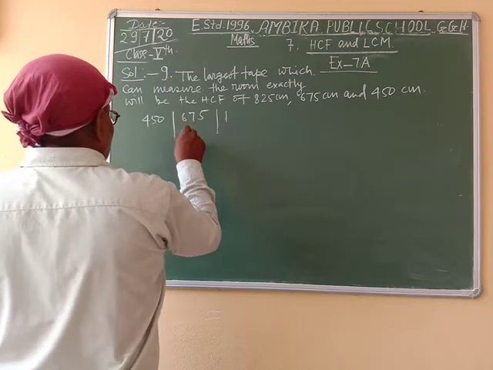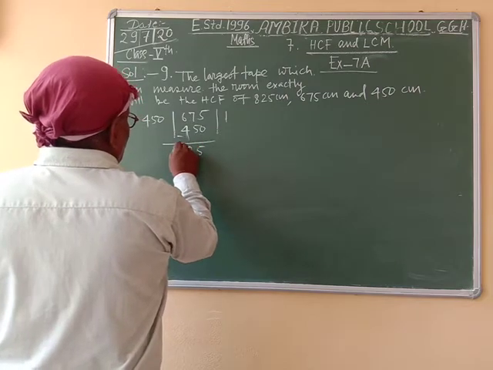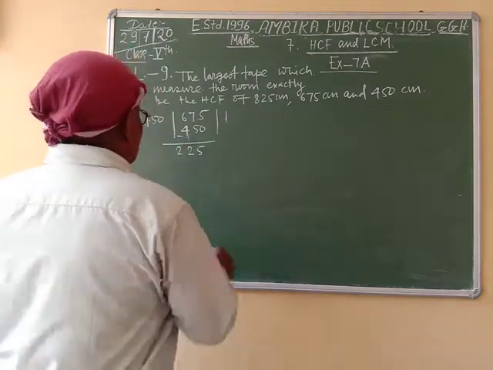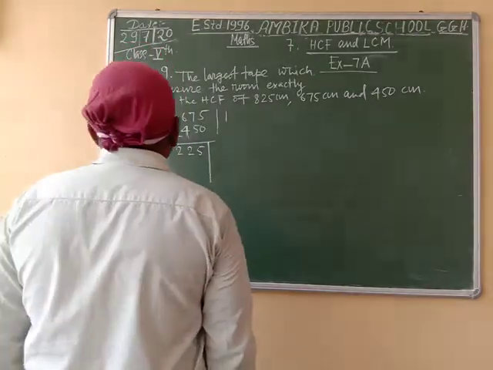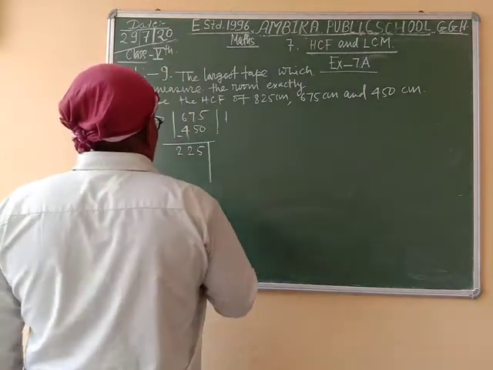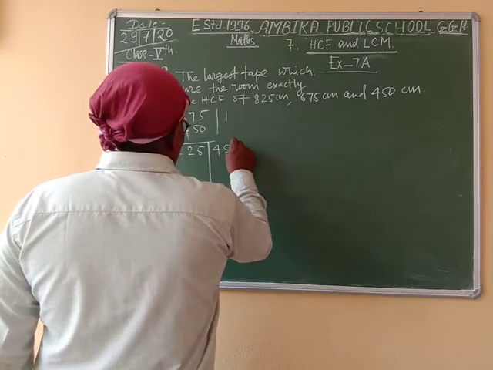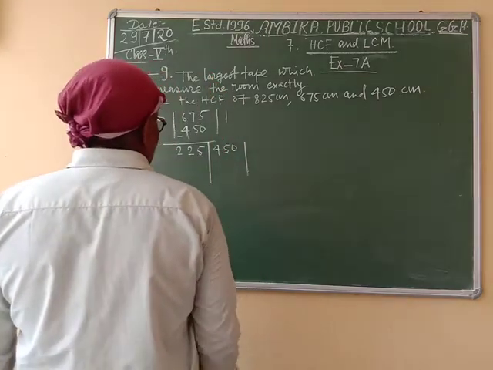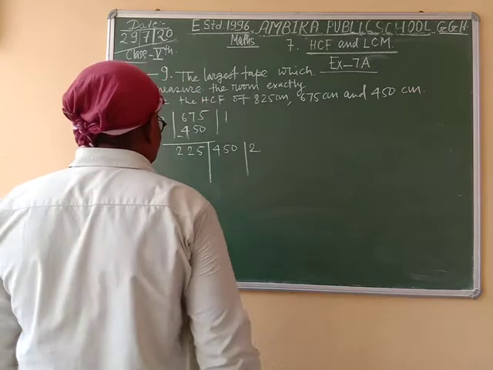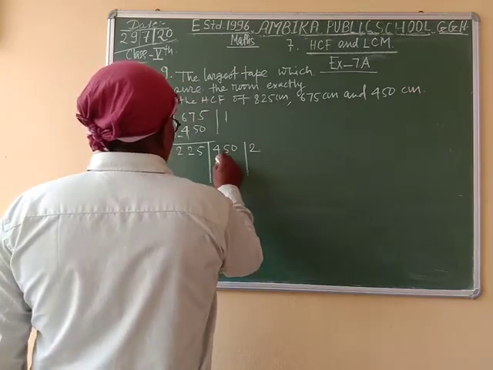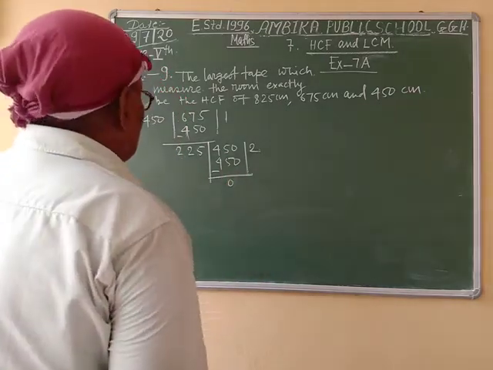So we write 450 under the dividend, and the remainder is 225. Here the remainder is less than the divisor, so we take 225 as the divisor and divide 450. It goes 2 times, remainder 0.